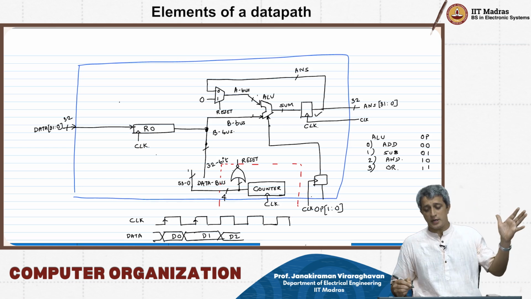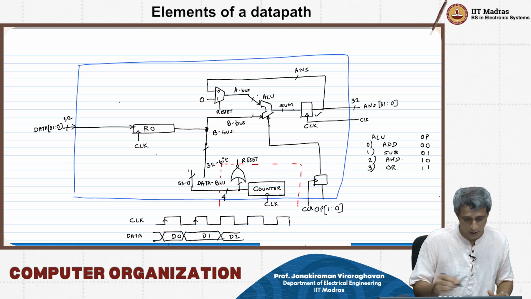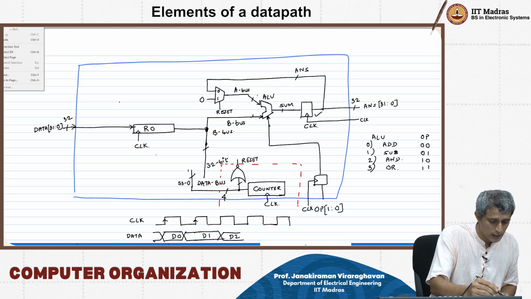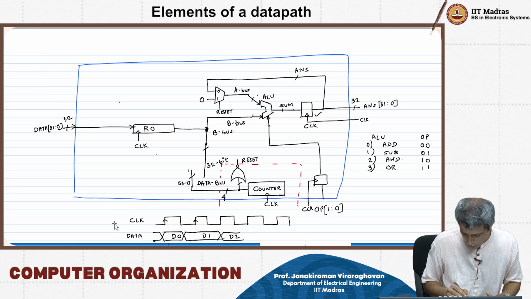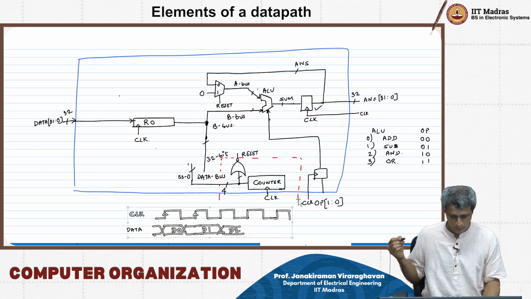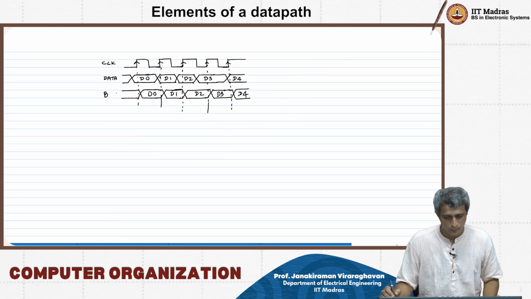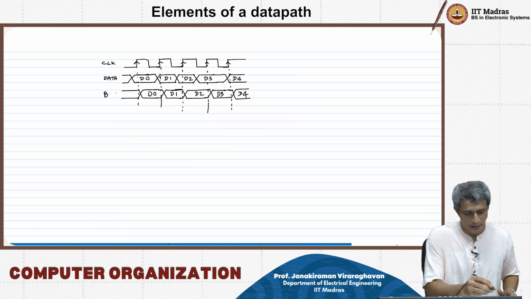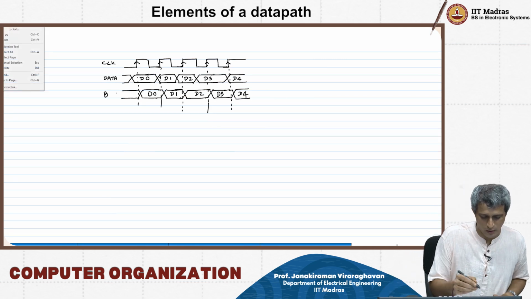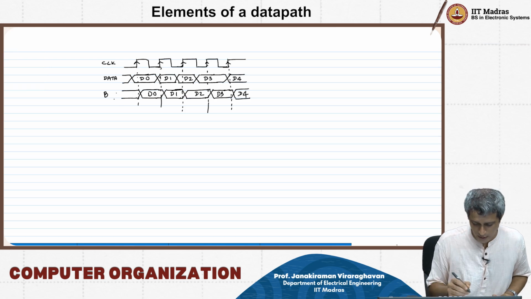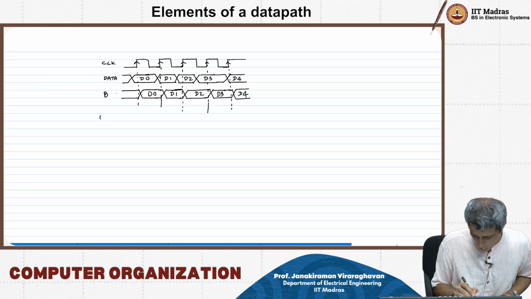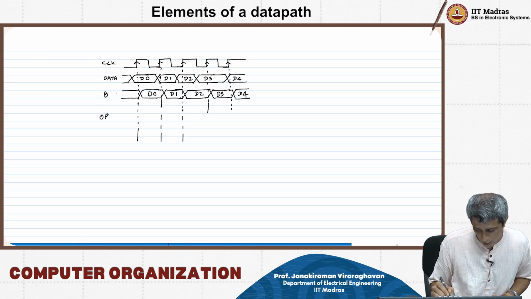So along with the data that is coming in, in fact I already have that waveform here, what I can technically do is also define an operational waveform, the operation code that has to be performed inside the ALU.